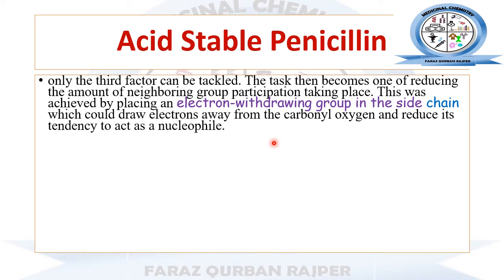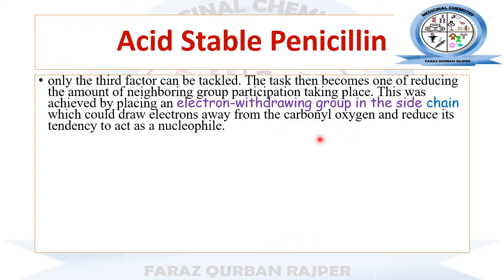and it will reduce its tendency to act as a nucleophile, because the acid instability that was occurring due to the acyl amino side chain was because of the highly reactive nucleophilic power of the carbonyl oxygen of the acyl amino side chain.